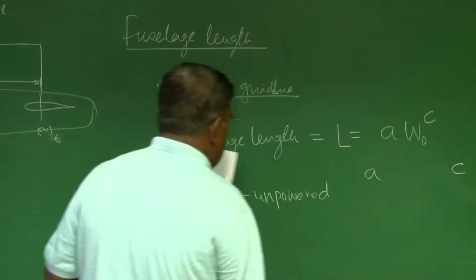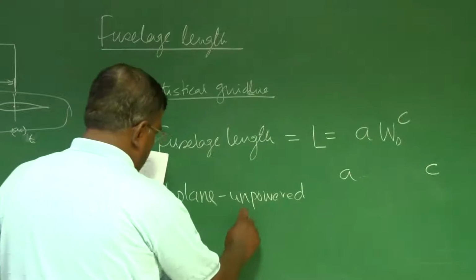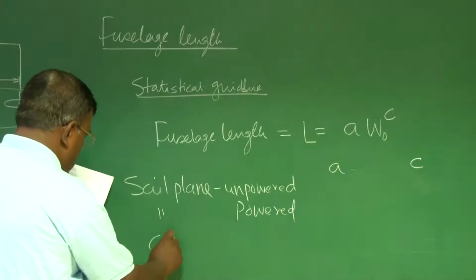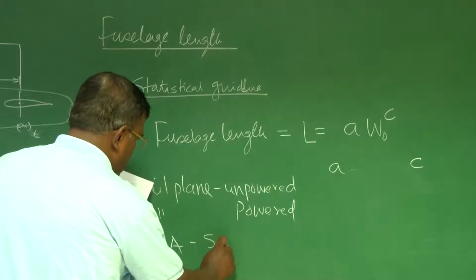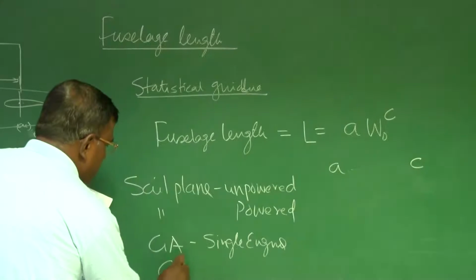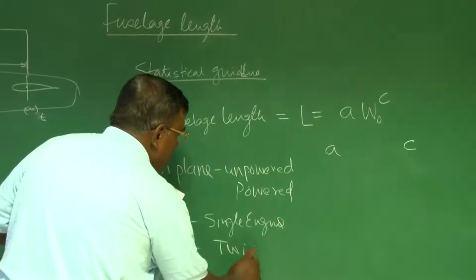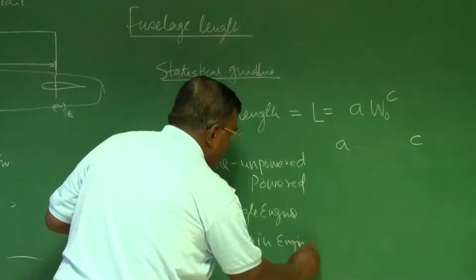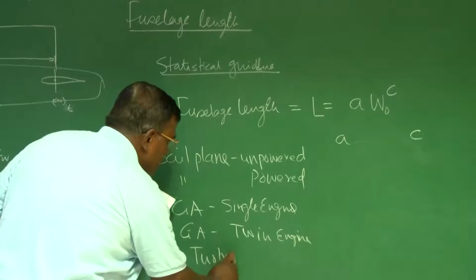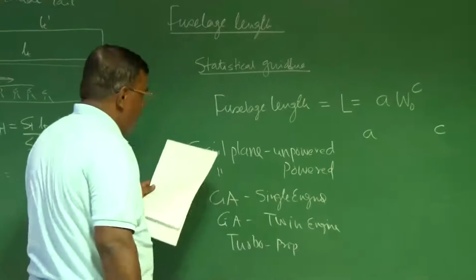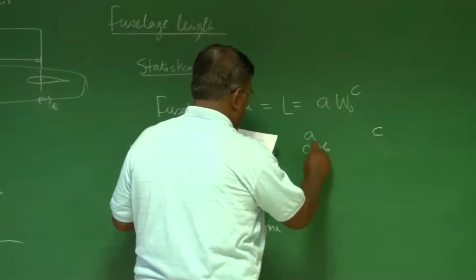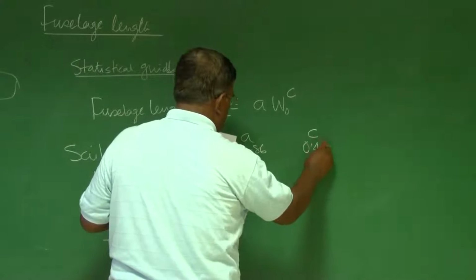A and C, if I write, there is a sailplane powered, then general aviation, single engine, then general aviation, twin engine, and you can have a turboprop. Typically, the values for a sailplane unpowered are A is 0.86 and C is 0.48.